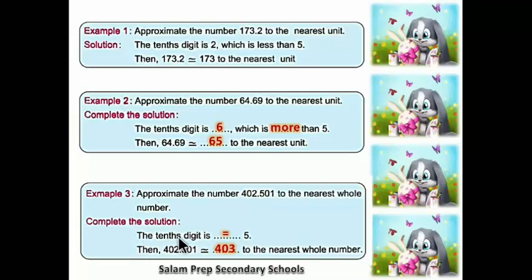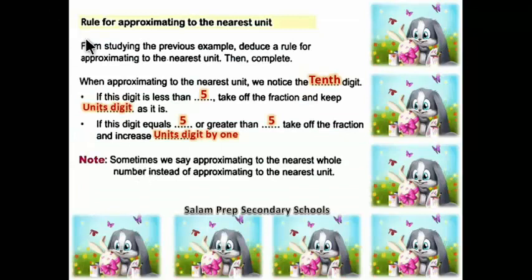The tenths digit is equal 5. Then 402.501 is approximated to the nearest whole number 403.